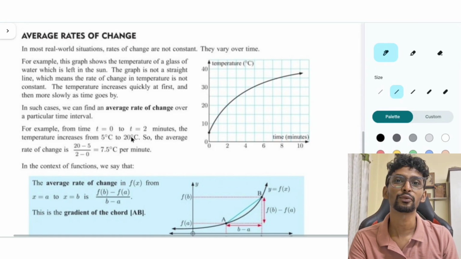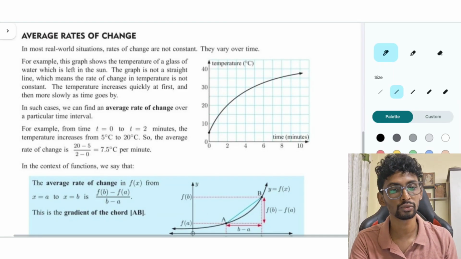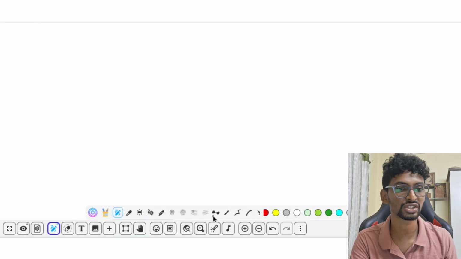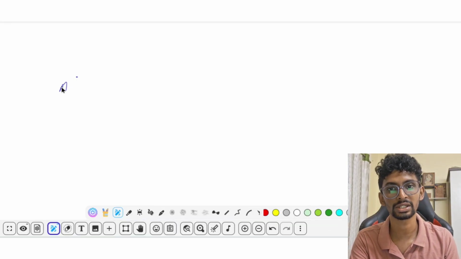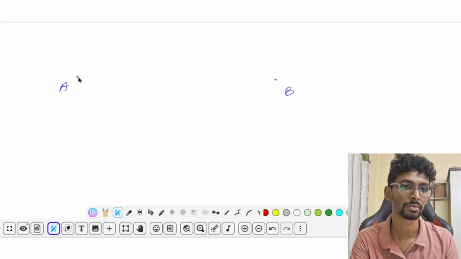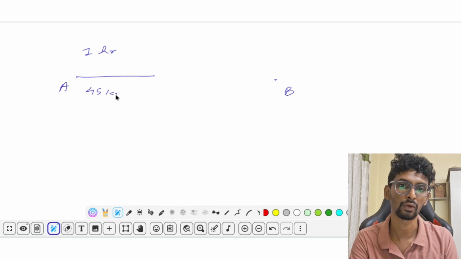Just now we discussed a sum with constant rate of change, but in every case it will not be constant. So let us come to the example which we discussed in the starting of the video. Suppose you are moving from point A to point B. Let us assume in first 1 hour you cover a distance of 45 kilometer.